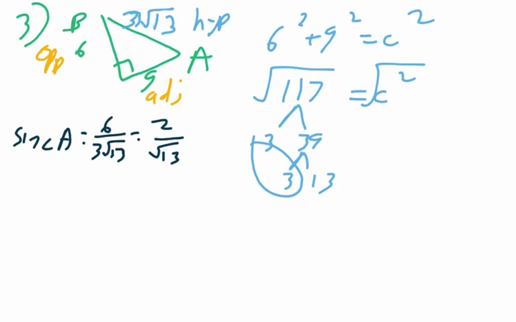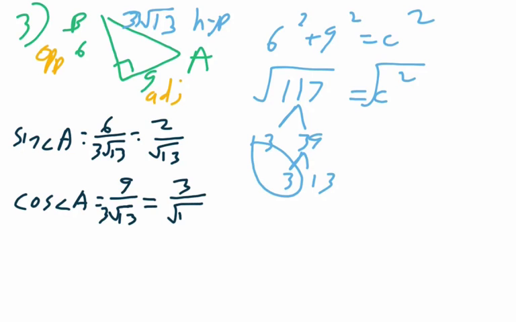And I don't think we have to worry about rationalizing the denominator for these particular problems. The cosine turned out to be 9 over the 3 square roots of 13, adjacent over hypotenuse, and 9 divided by 3 is 3. And for the tangent, we had 6 over 9, which is equal to 2/3.